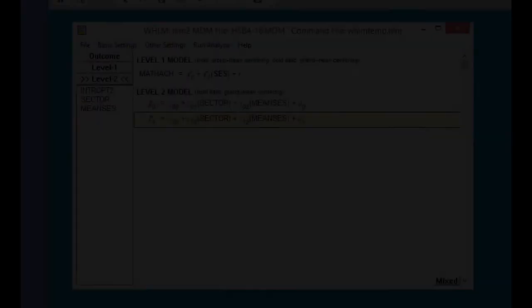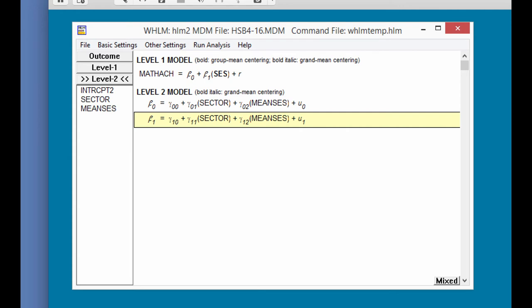Analyzing the data, this model represents the intercept and slopes as outcome model. You'll notice that at level 2, we have sector and mean SES entered for both the intercept and the slope, to model the intercept and slope for this data.